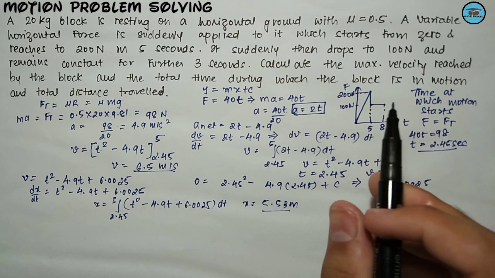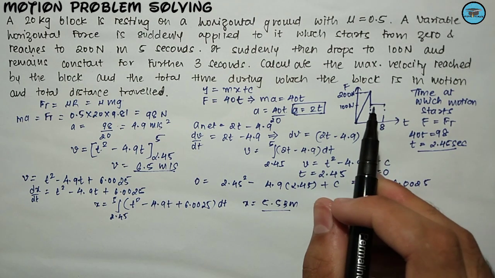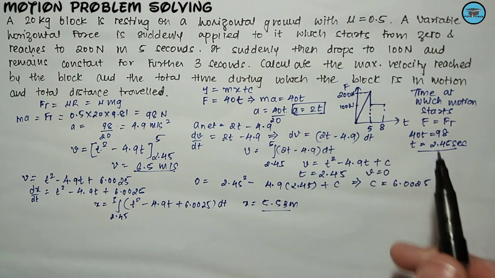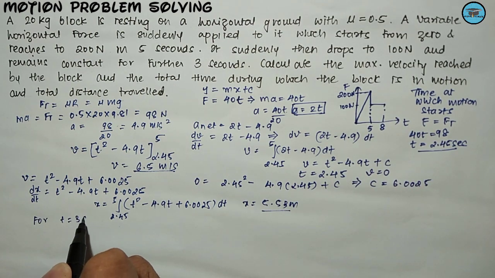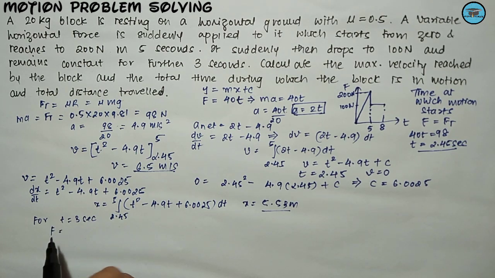Now for the second part, that is for t equals 3 seconds. For t equals 3 seconds, the force is nothing but mass into acceleration, and the force is given as 100 Newton. So 100 equals 20 into a.